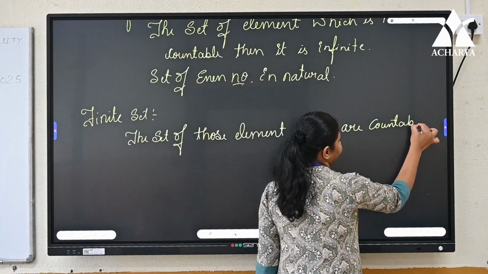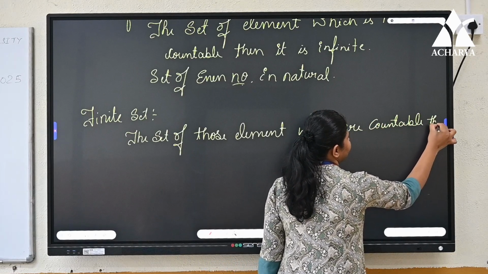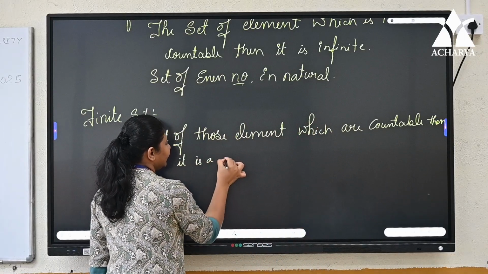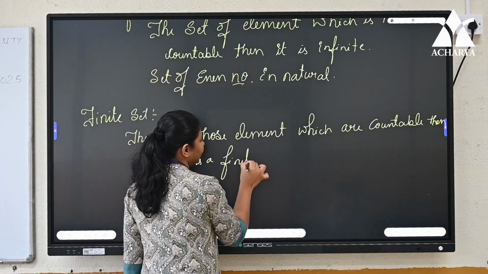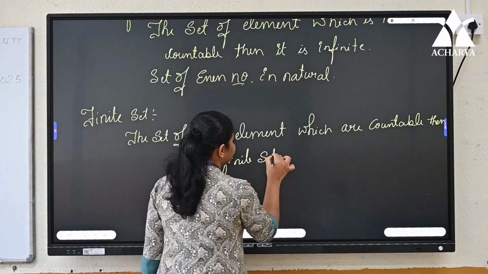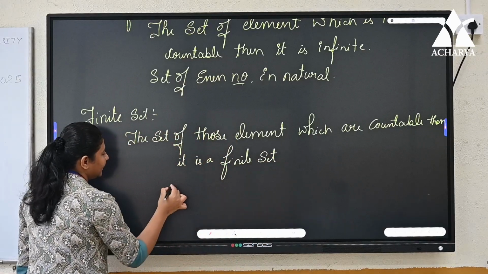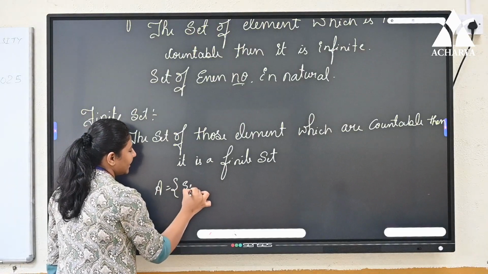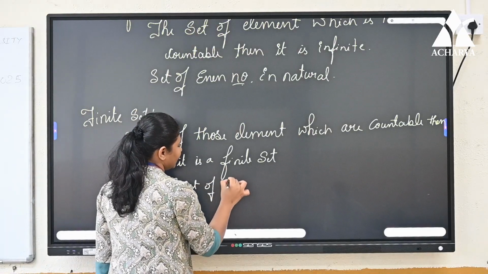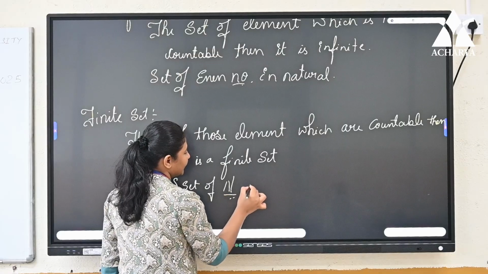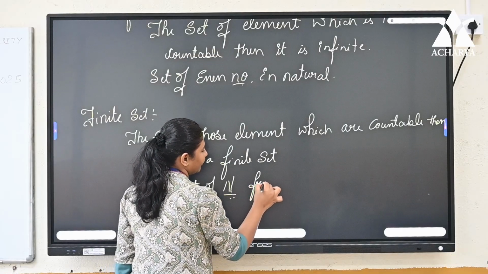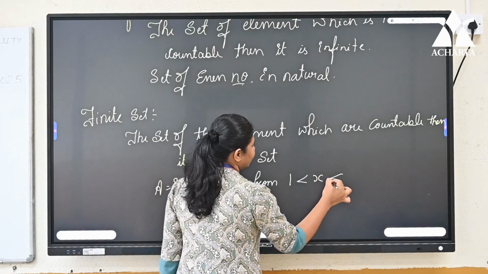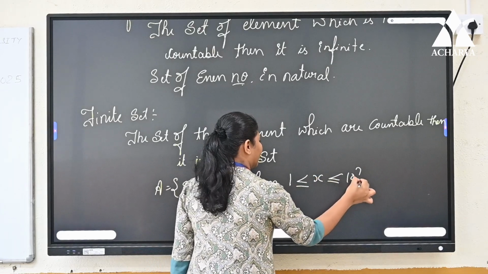For example, let us take A equal to the set of natural numbers x where 1 is less than or equal to x is less than or equal to 10.